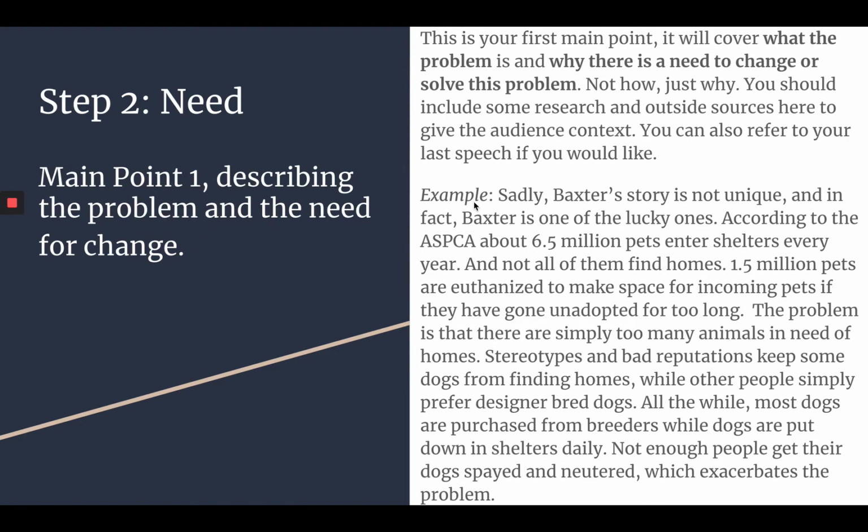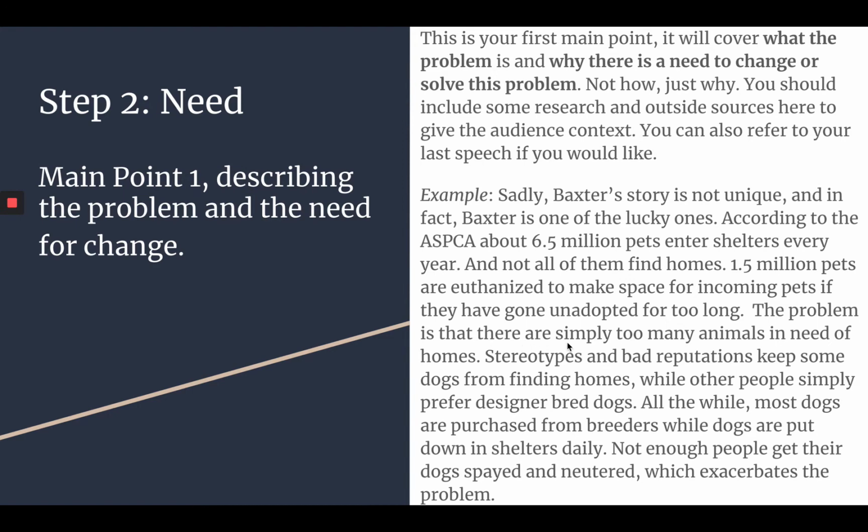So for example, I might start out my main point 1 saying, sadly, Baxter's story is not unique, and in fact, Baxter is one of the lucky ones. According to the ASPCA, about 6.5 million pets enter shelters every year, and not all of them find homes. 1.5 million pets are euthanized to make space for incoming pets if they have gone unadopted for too long.